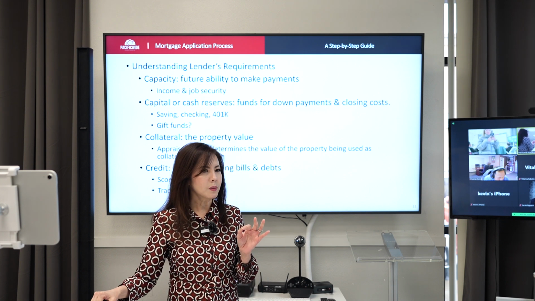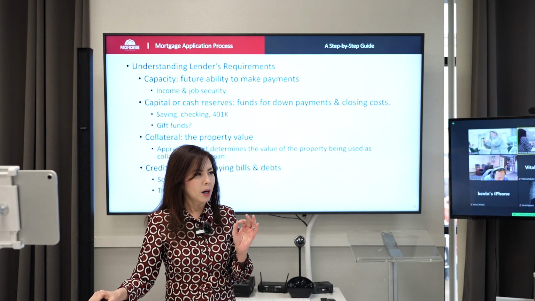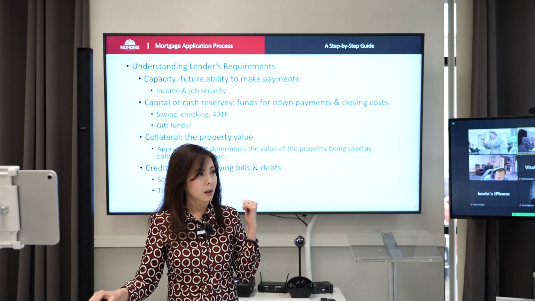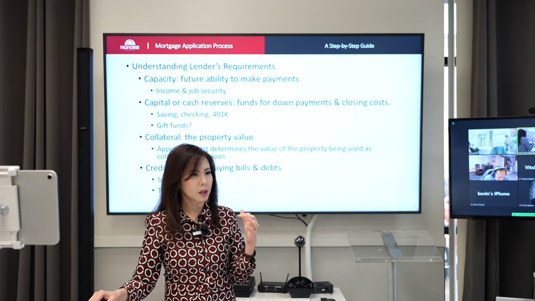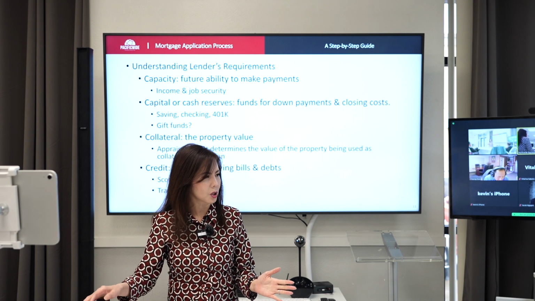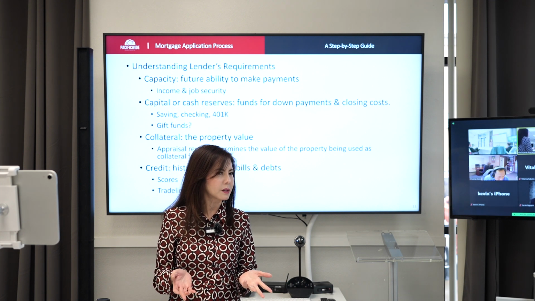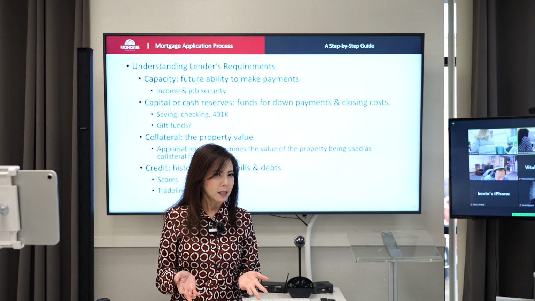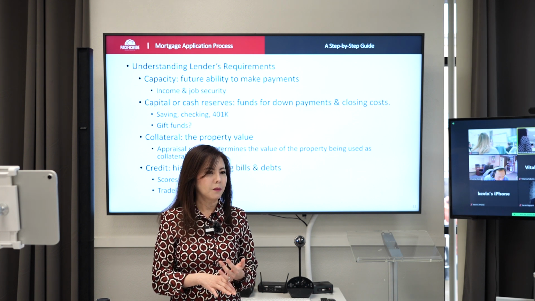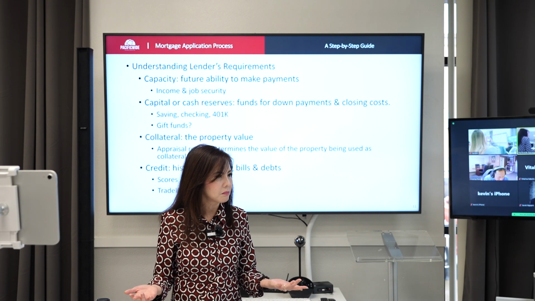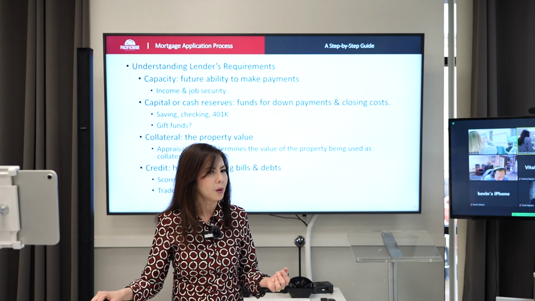And they look into your job security. They want your 2-year job history to see how long you've been in the job. Because if you keep changing jobs, then you might not have a stable job, right? If you have been in the company for more than 2 years, that's maybe a stable job for you.